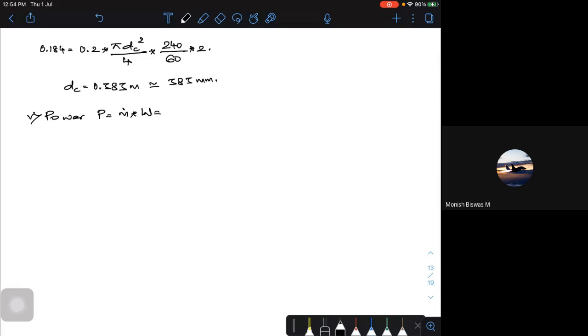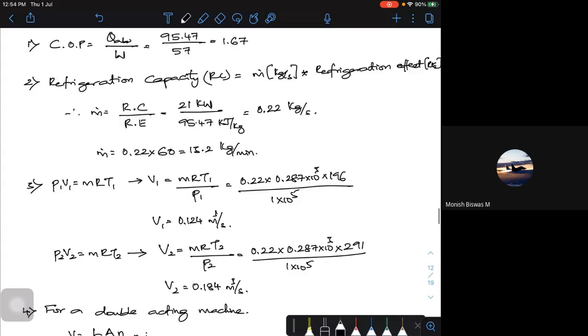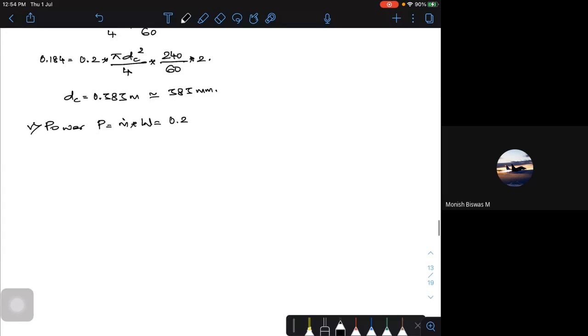So mass flow rate is 0.22. 0.22 into 57, I am getting around 12.54 kilowatts.